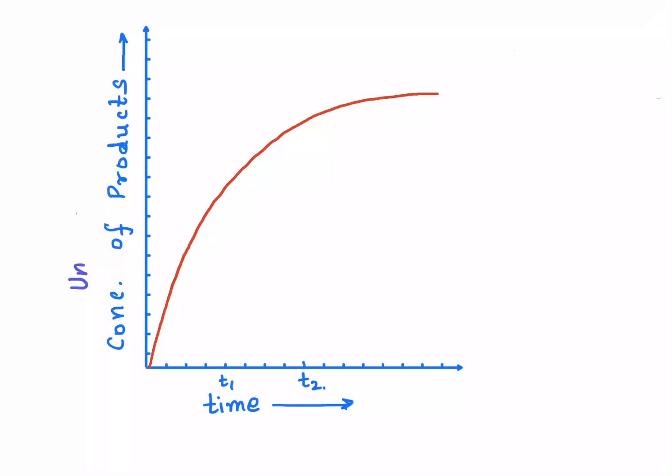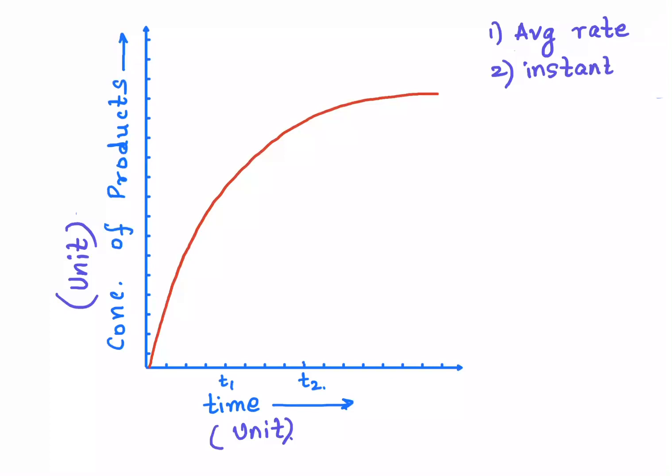So we will express the concentration of the products with their unit of concentration, and the value of time in terms of the units in which we are measuring our reaction. How do you think I can represent the average rate and the instantaneous rate for this particular graph? Go ahead, give it a try.